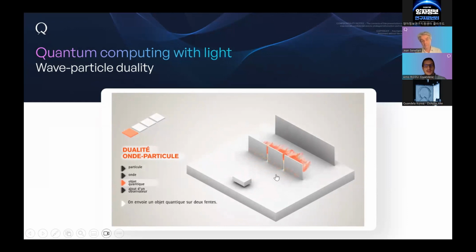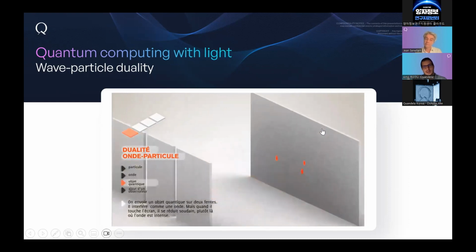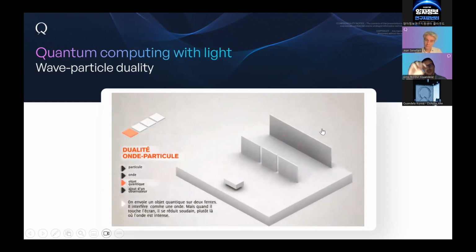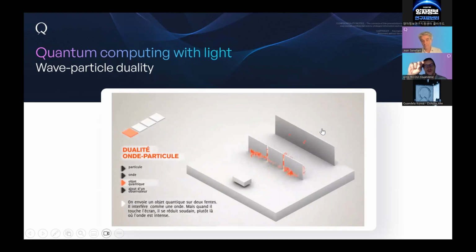If we repeat this experiment over and over again, we obtain an interference pattern. You will see some bright fringes where the quantum particles have constructively interfered, and some dark fringes where the quantum particles have destructively interfered.